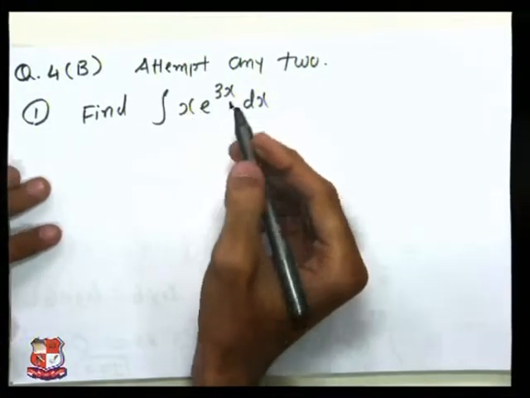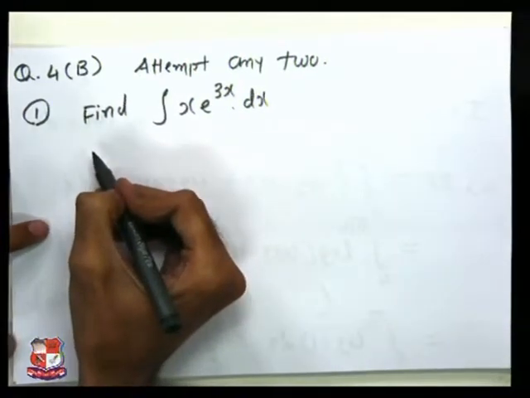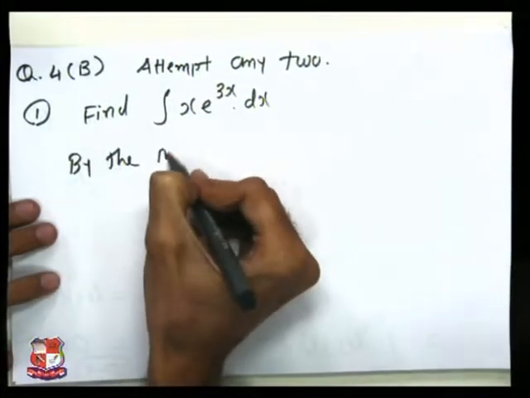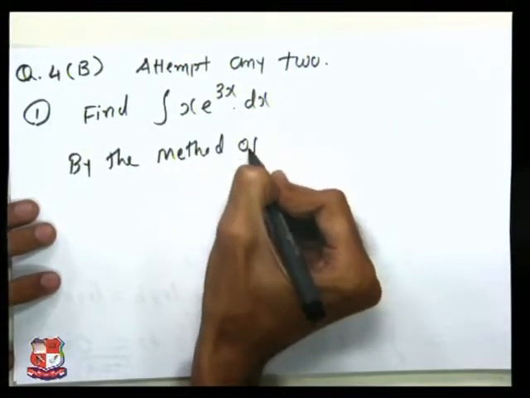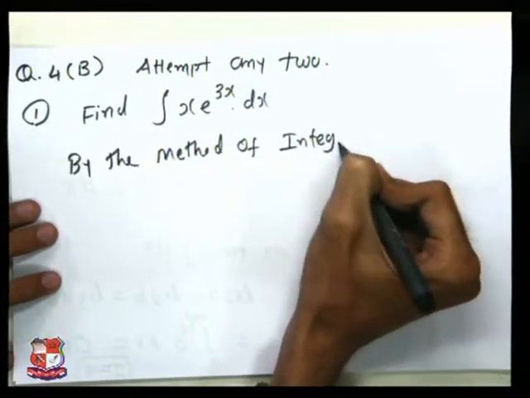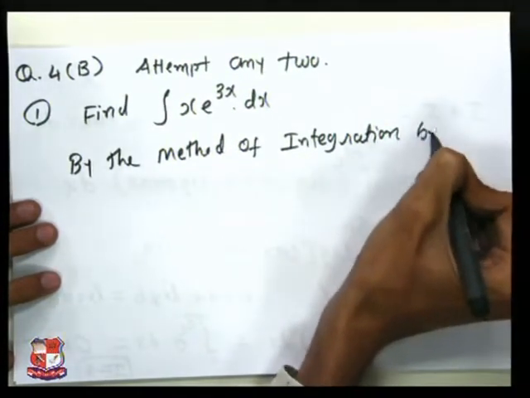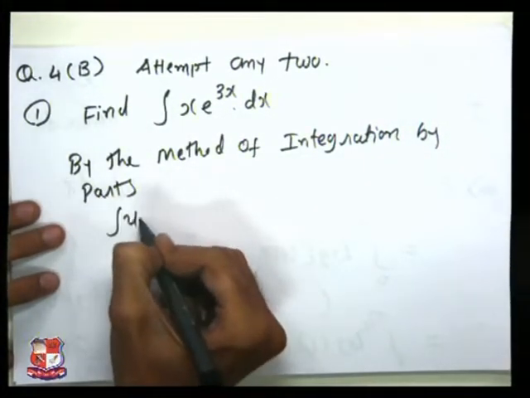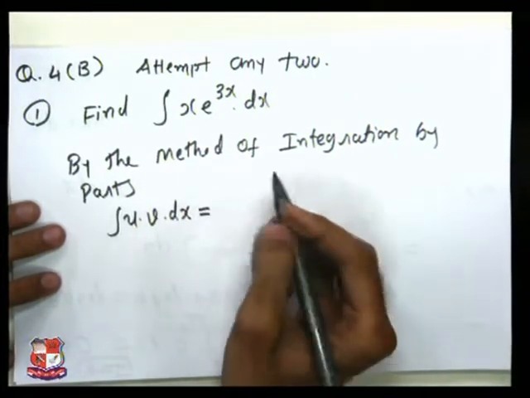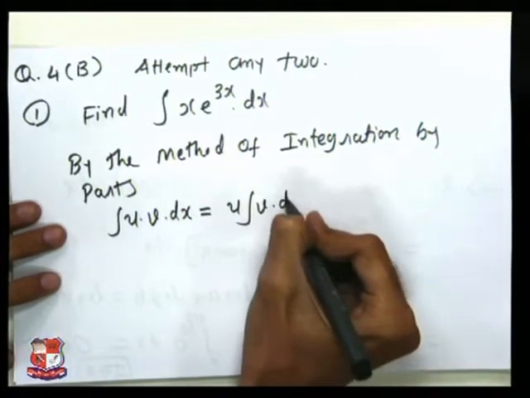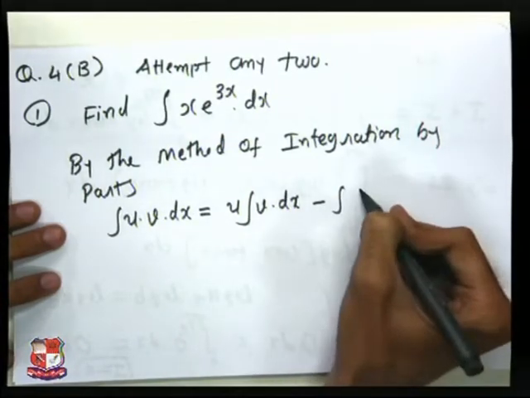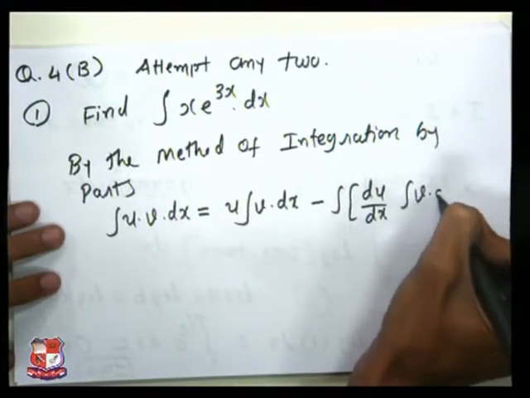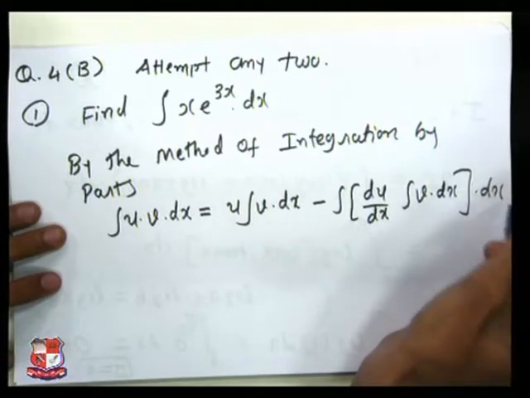So first I want to remind you of the method of integration by parts: the integration of u into v dx is equal to u into the integration of v dx, minus the integration of (du by dx into the integration of v dx) dx.